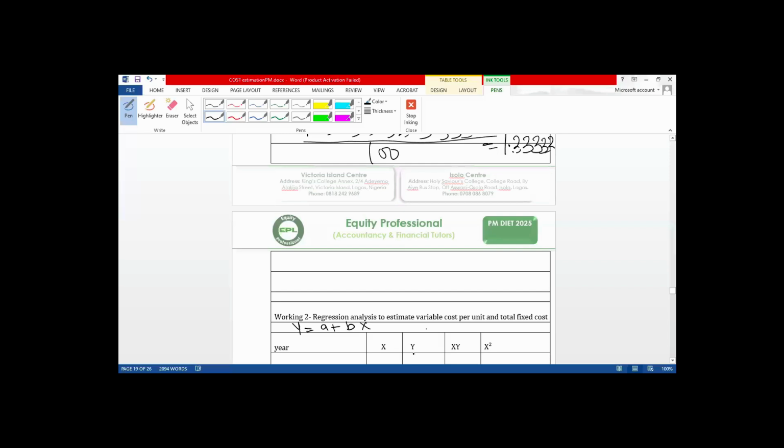If you recall, at our last class, while explaining regression analysis, to calculate your b, the formula is b is equal to n summation xy minus summation x summation y divided by n summation x squared minus summation x raised to power 2.